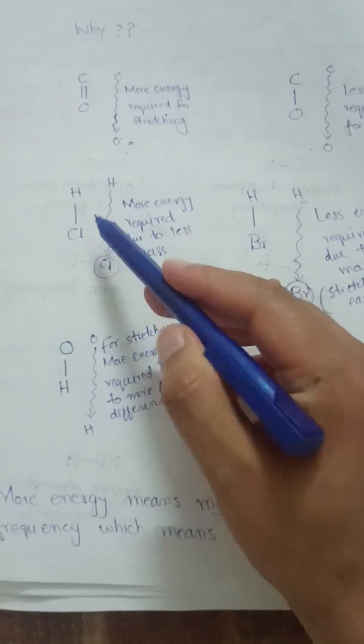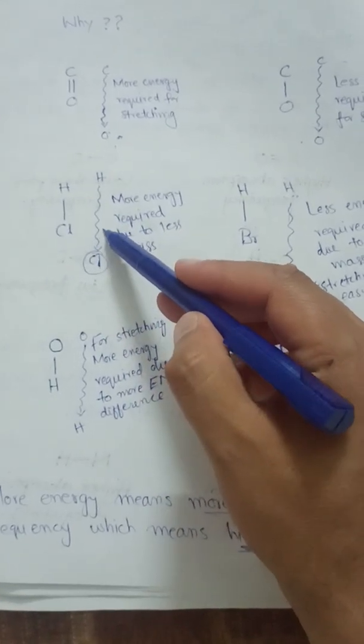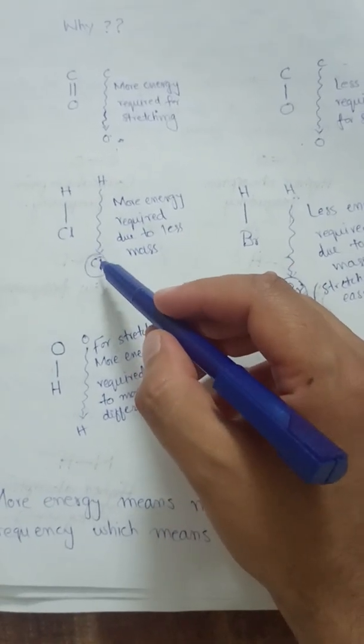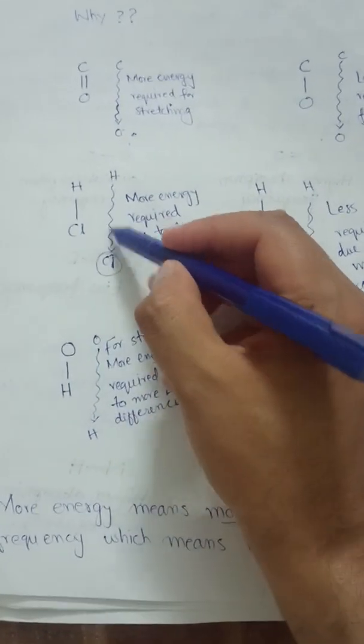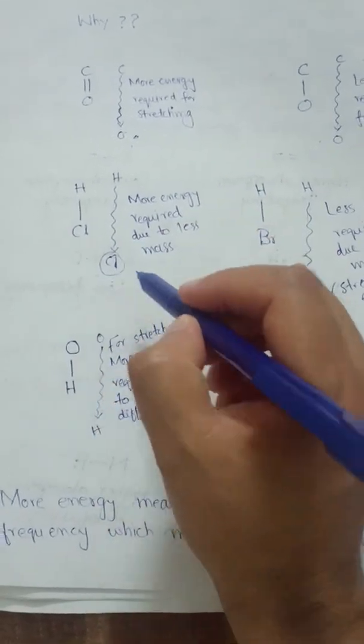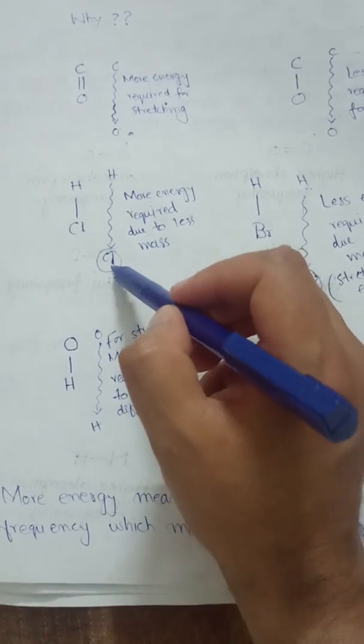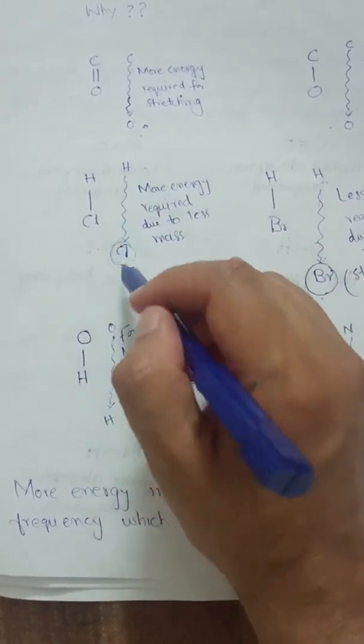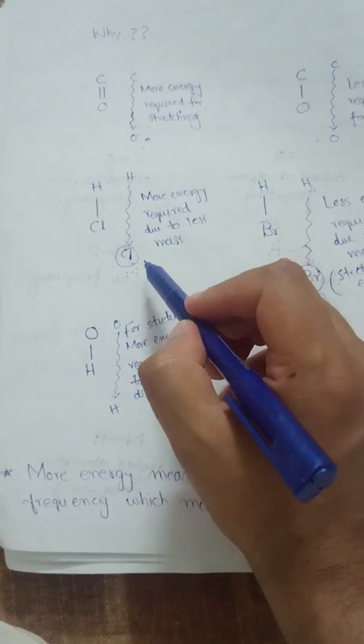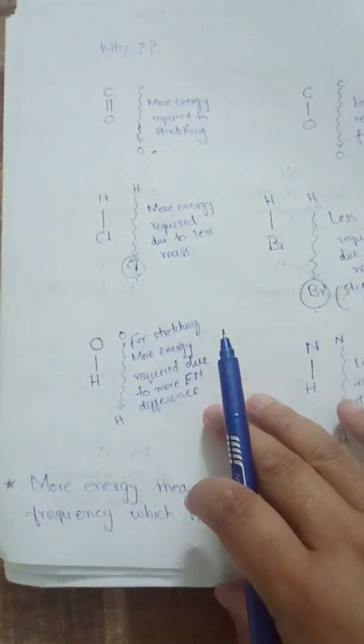But here we have chlorine which has less mass and we require more energy to stretch this atom at this position. So in this case the mass is less, thus we need more energy to stretch this atom. Thus we can say that the frequency required is more and the absorption frequency of the bond increases.